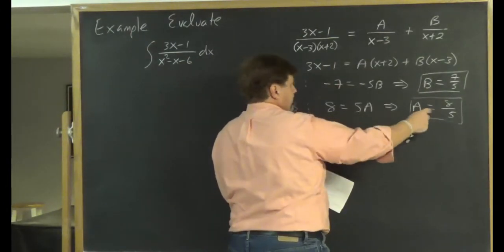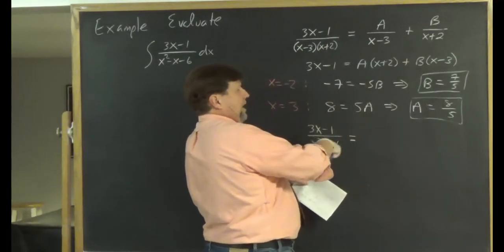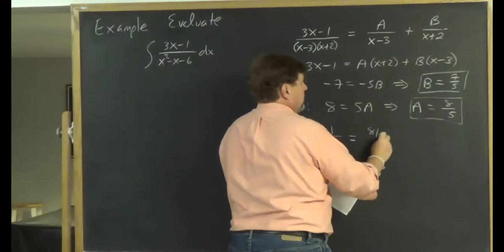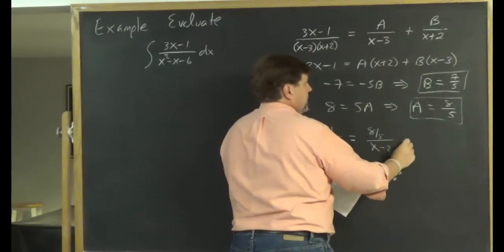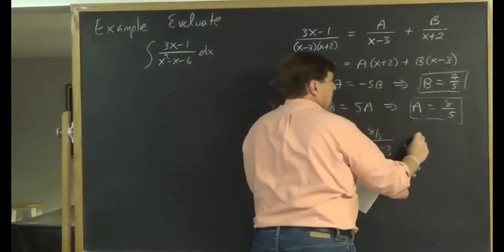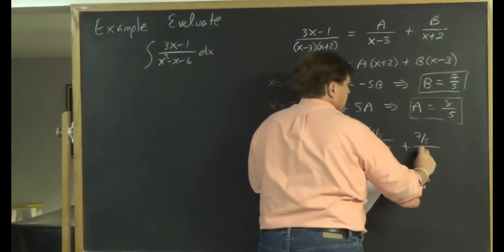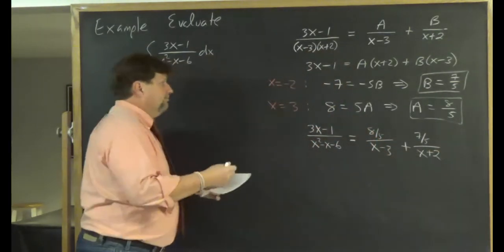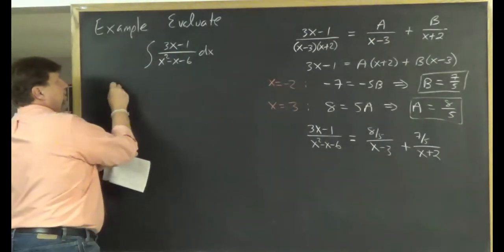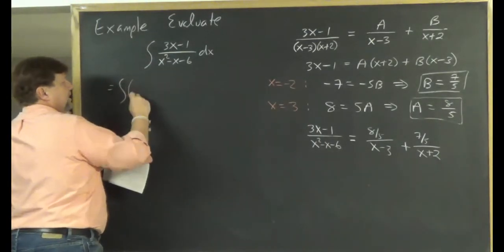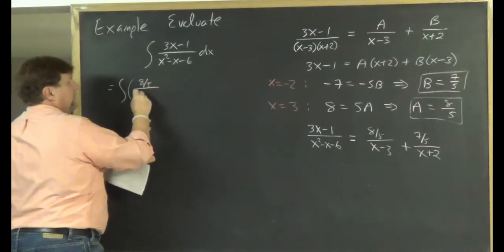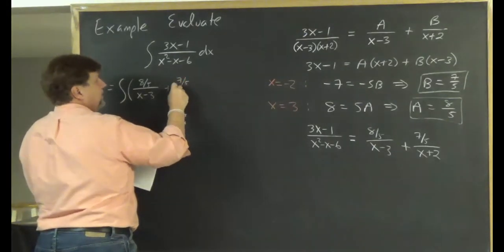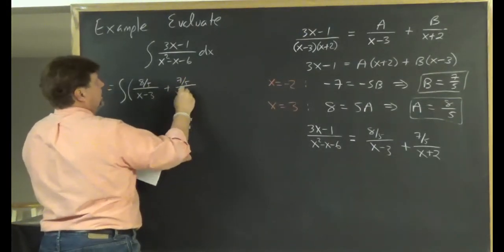We know a is 8/5, so our original rational function can be rewritten as 8/5 over x minus 3 plus 7/5 over x plus 2. So I rewrite my original problem as 8/5 over x minus 3 plus 7/5 over x plus 2.